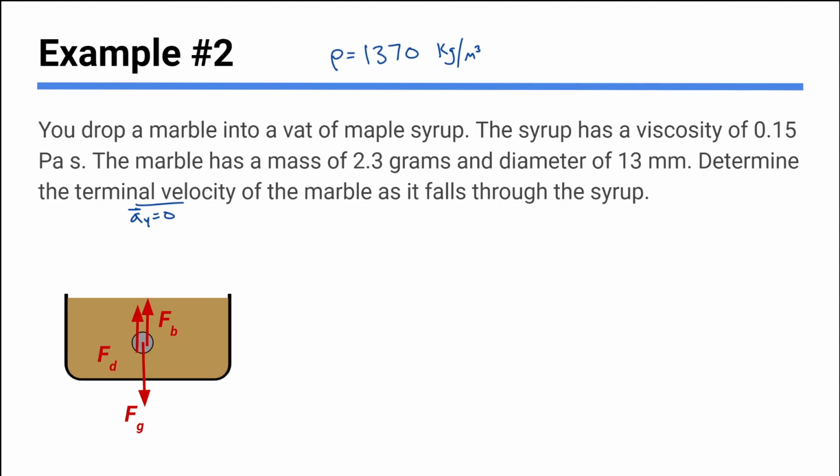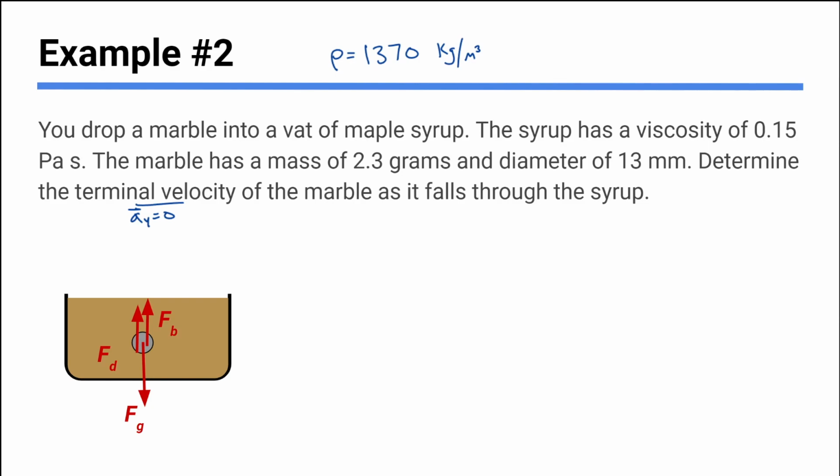And there will also be a drag force. There are 2 vertical forces: it's submerged in a liquid, so there's a buoyancy force, and it's moving through a liquid, so there's a viscous drag force. Both of those are upwards. That's the concept of how I set up this FBD.